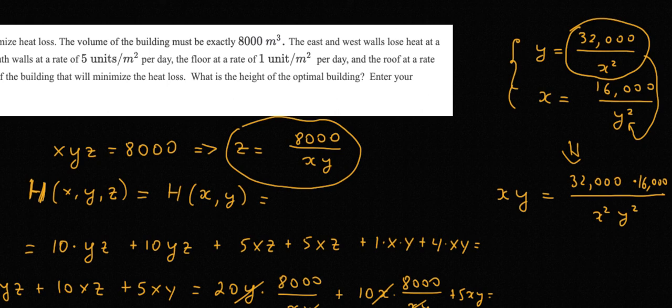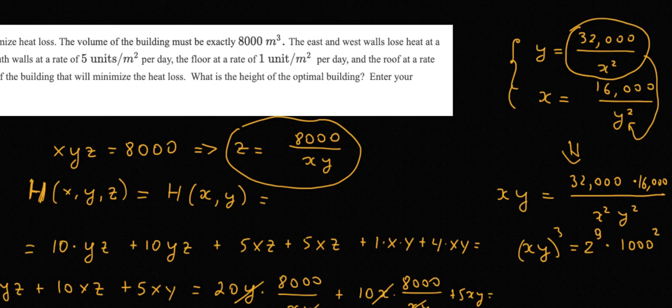Then we can clear denominators by multiplying both sides by x squared and by y squared, and what we're going to get is (xy) cubed equals, on the right hand side, 32 is 2 to the 5th, 16 is 2 to the 4th, and so we get 2 to the power 9 times 1000 squared.